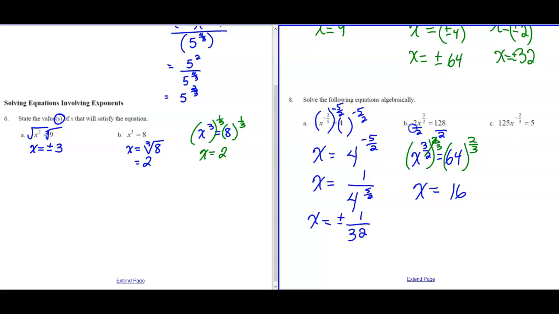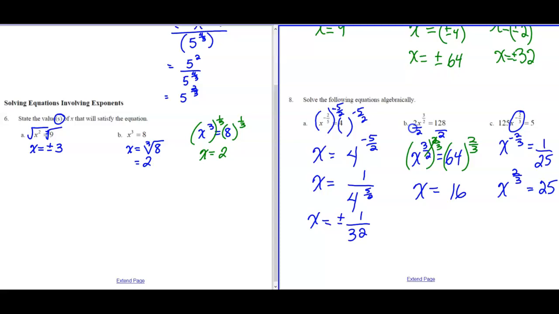And again here, I need to isolate the factor of x. So 5 divided by 125 is 1 over 25. Then, because it's fractions, what you could do is change the sign on that exponent, which would take the reciprocal on the right side.